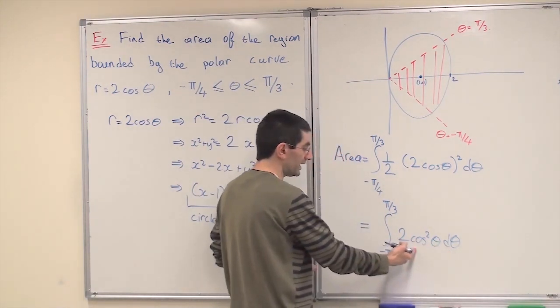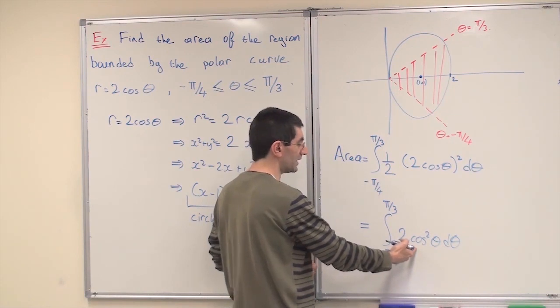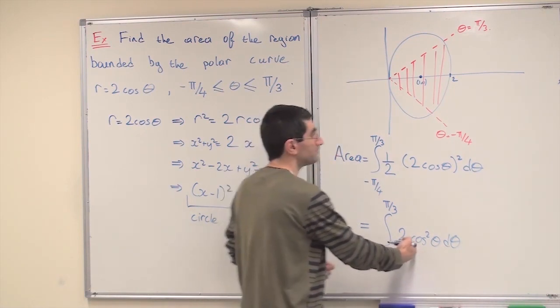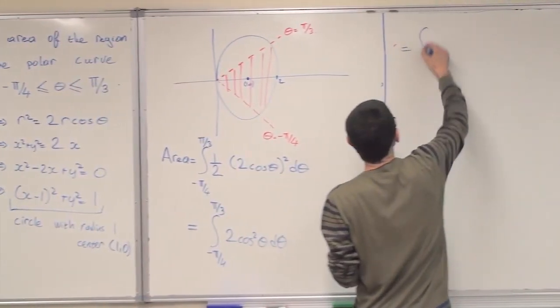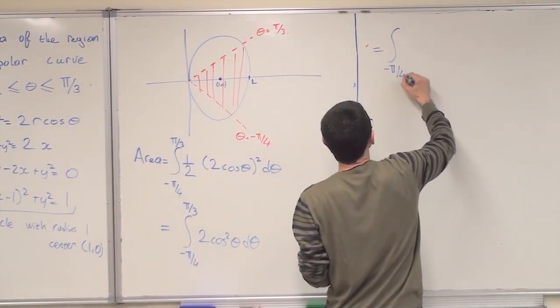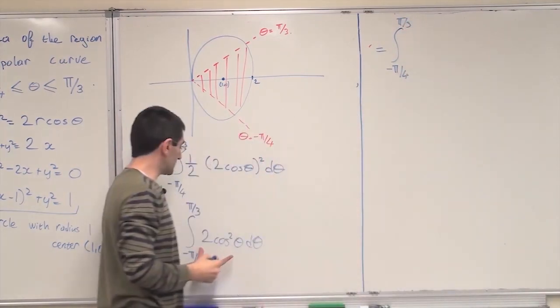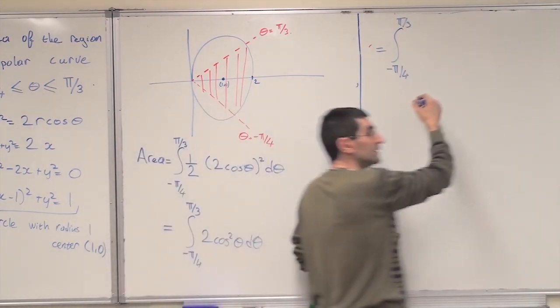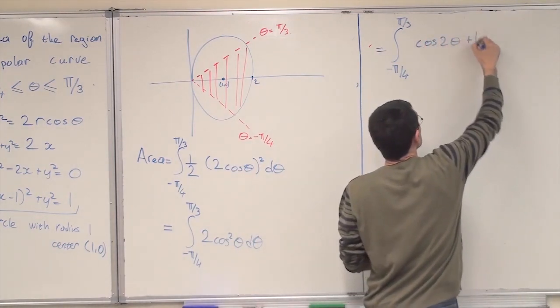Now, to evaluate the integral of cosine squared, I need to use a trigonometric identity, and I substitute for 2 cosine squared theta, cosine 2 theta plus 1.